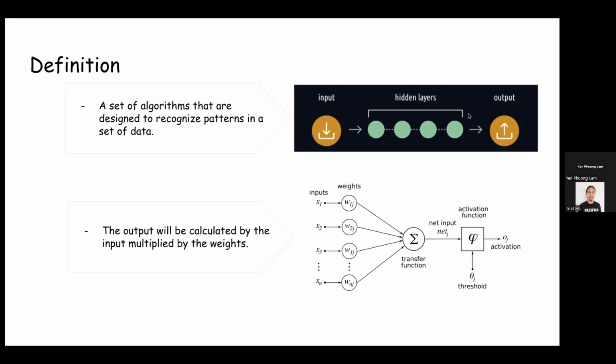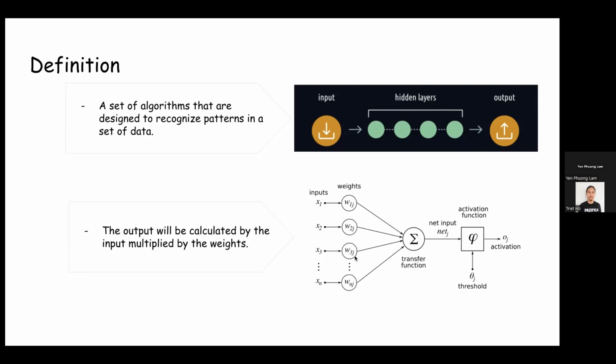This is a basic example of a neural network. We have input layers, and the data we put in goes through the hidden layers and then produces the output. This one is more detail about how the neural network processes the information. We have the inputs and the weights.